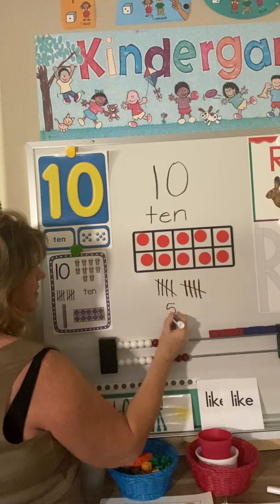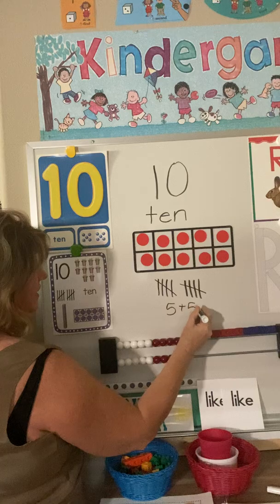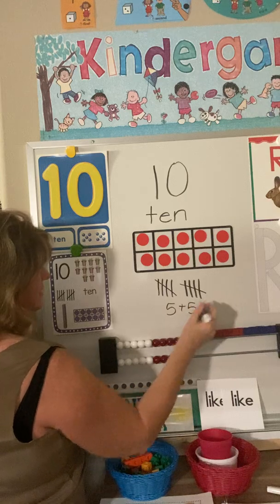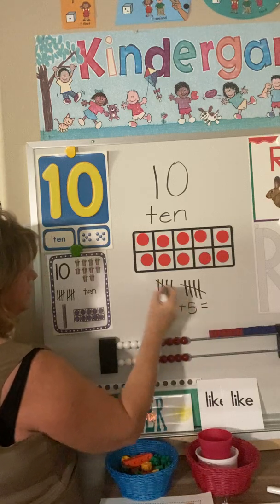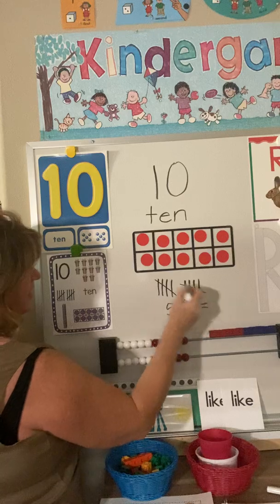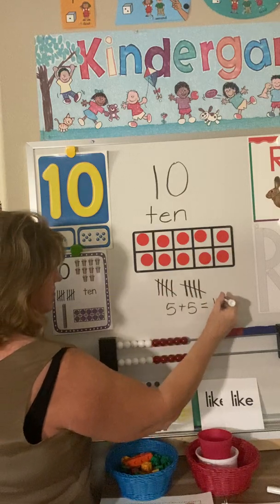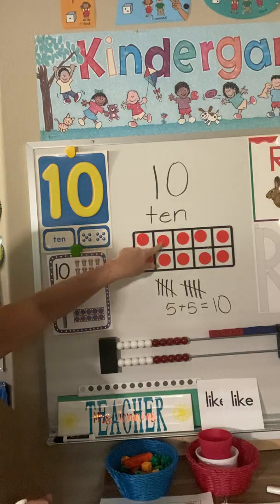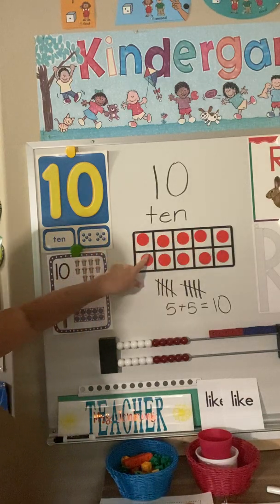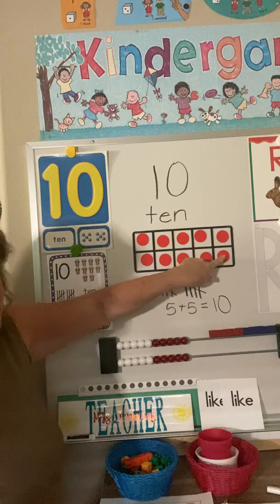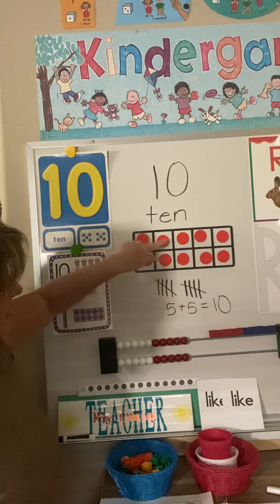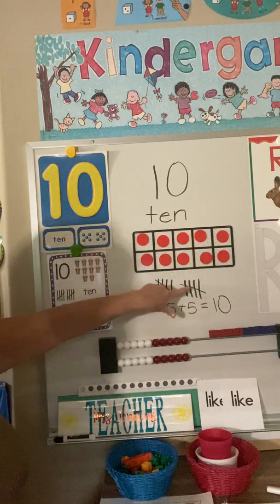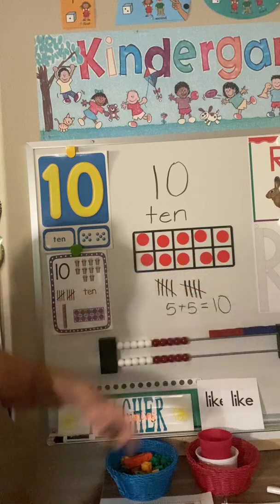So 5 plus 5 equals altogether 1, 2, 3, 4, 5, 6, 7, 8, 9, 10. And it's also exactly what you see on our 10 frame. We've got 1, 2, 3, 4, 5 on the top, 1, 2, 3, 4, 5 on the bottom. So these tally marks could be these counters.